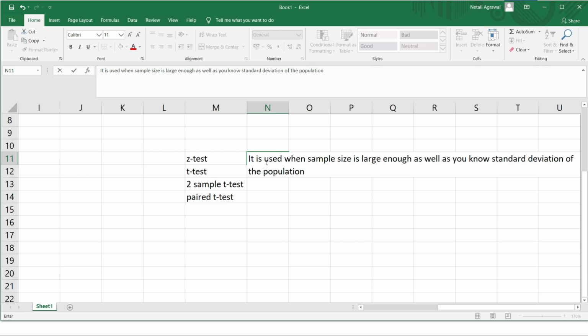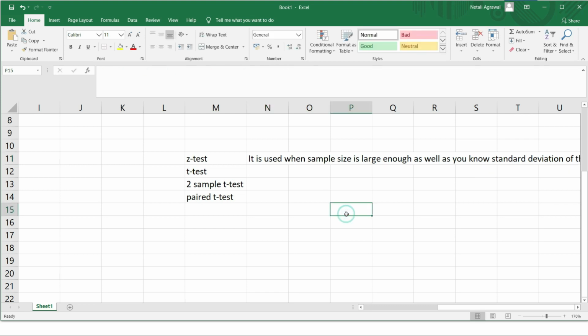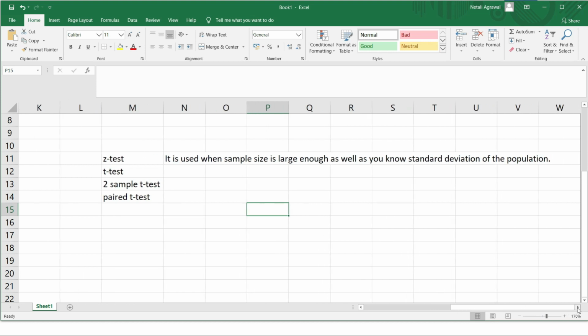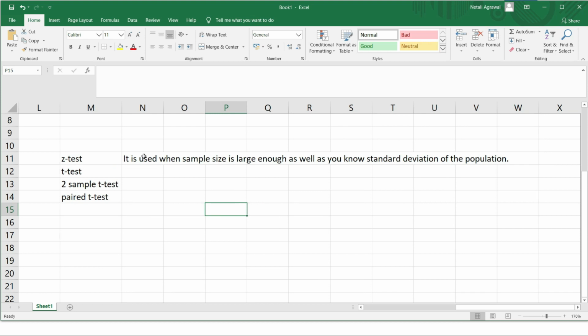Remember this phrase, of the population, not of the sample, because you would be doing these tests on samples, but to perform a z-test these two conditions should be met. One, your sample size should be large, and second, the standard deviation of the population should be known.